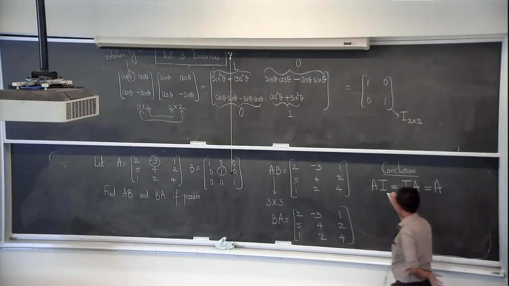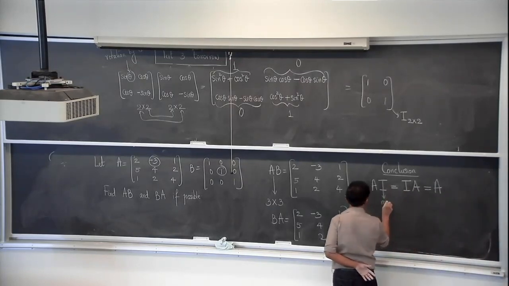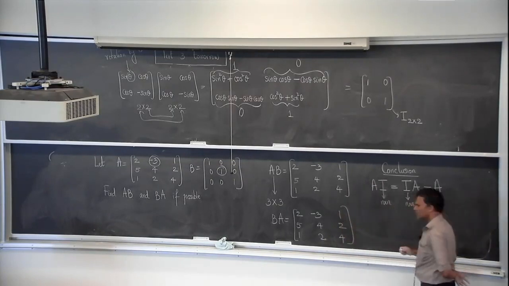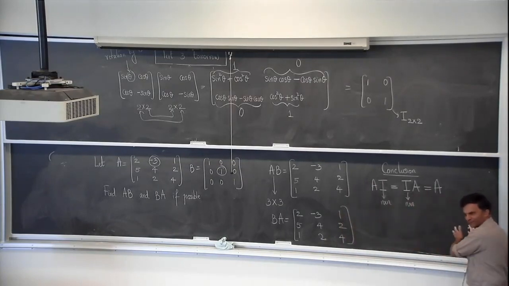So this is a square matrix. What is the if thing here? If not the same size really, but if they are, what is the word that I kept using?